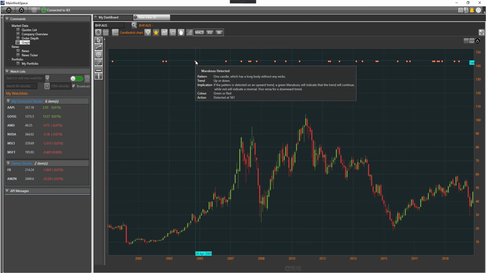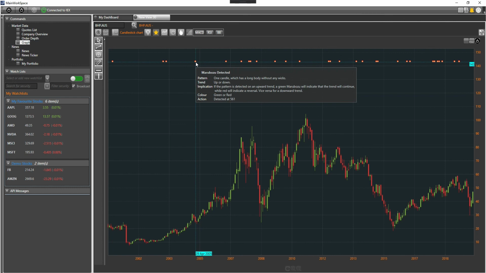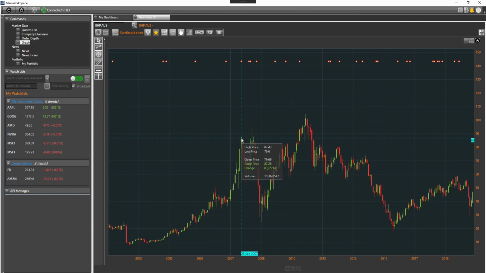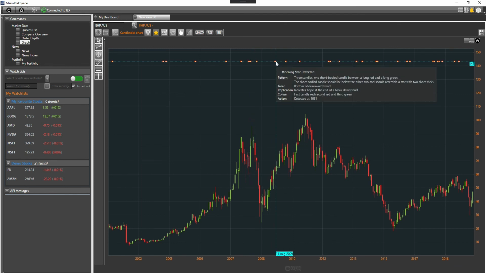The Marubozu is usually a candle without a wick, and this candle seems to have a smaller lower wick, so I'm not sure whether that's entirely correct. And again, Marubozu, there's another hammer detected here. So a hammer basically means a short body with a longer wick. Engulfing pattern detected here. Morning star.